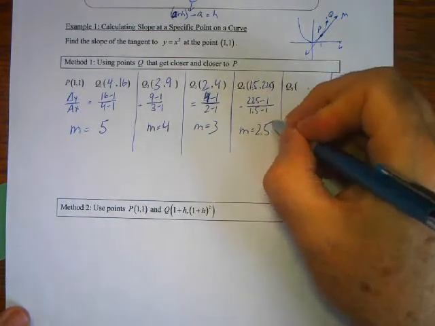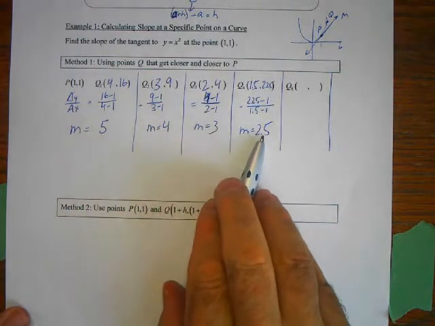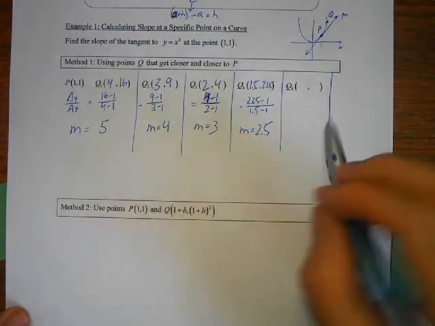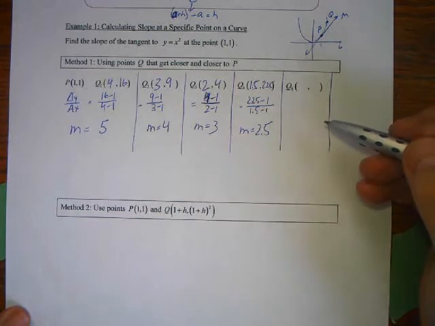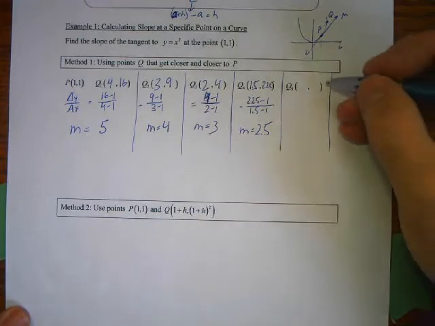It went down by 1, then by 1, now by 0.5. How far will it actually go? Will it go to 0? Will it go negative? Probably not.